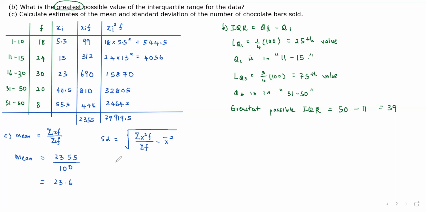So to compute the standard deviation, we have 77,917.5 divided by 100, minus the square of the mean that we found just now. We have 23.6 and we square this. After that, we take the square root. That should give us a value of 14.91.